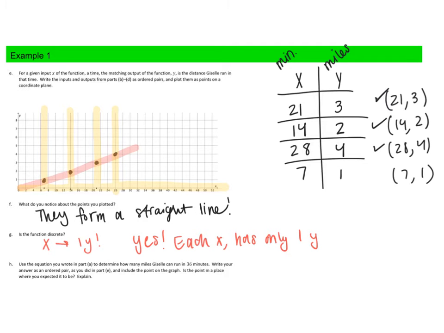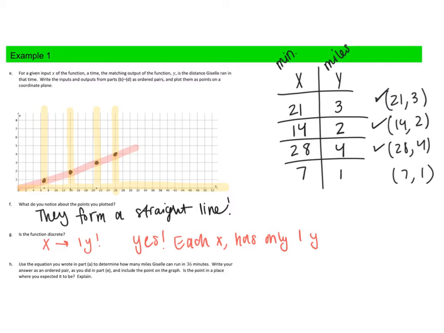All right? And then the last one says, use the equation you wrote in part A to determine how many miles she can run in 36 minutes. Write your answer as an ordered pair and include the point on the graph. Is the point in a place where you expect it to be? Explain. So I want you guys to do this right now.